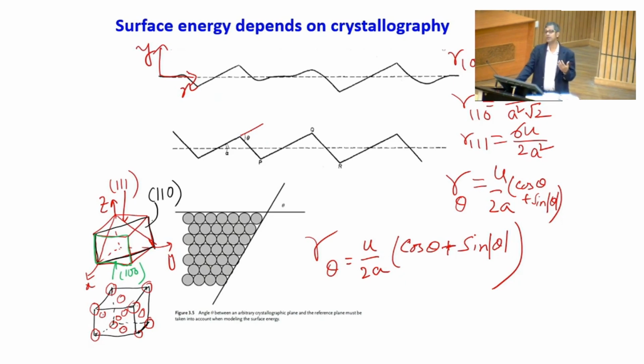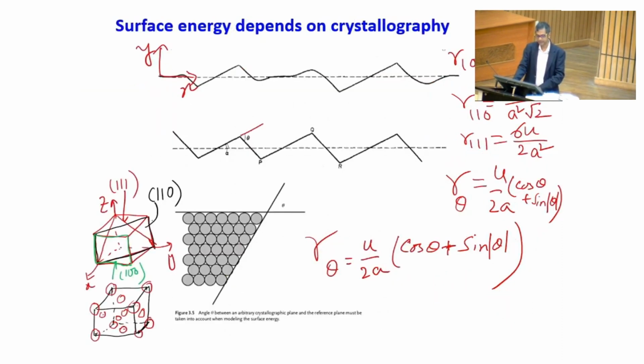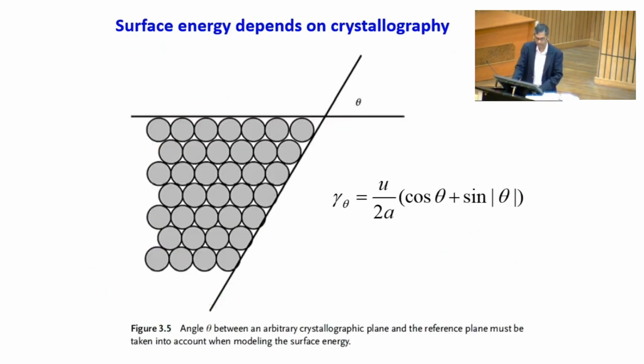Then we talked about how the specific surface energy gamma will behave. You understand that? So, gamma in a solid depends on the surface stress, right? You see this, the surface traction, and I told you how it is going to vary. And third thing we discussed today is surface energy also depends on crystallographic orientation, right? So, next 5 minutes or so, this equation is nicely taken from Dieter Volat's book.